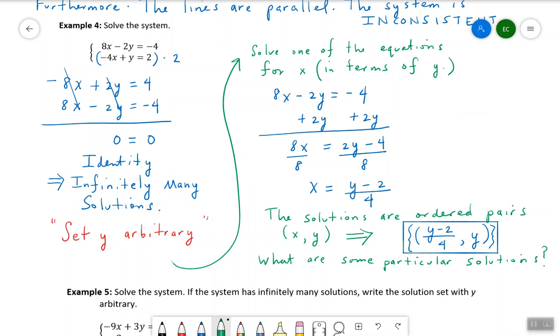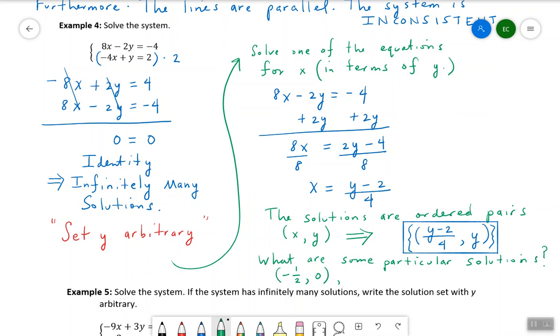So again, y can be any number, so pick a number. If we let y equal 0, then we plug that into the expression for x. We get 0 minus 2 over 4. Minus 2 over 4 is negative 1/2. So negative 1/2 is x. Remember, we said y was 0 in the first place.